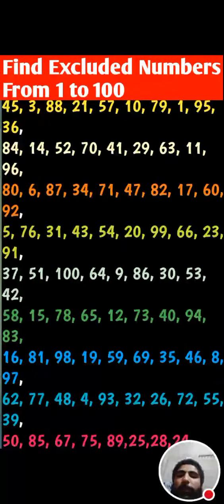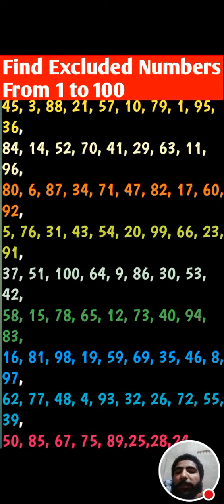Where is 56? I think 56 is missing. So we have to move onward to find number 57. 57 is presented on the very first row. The fifth number of the very first row is 57.